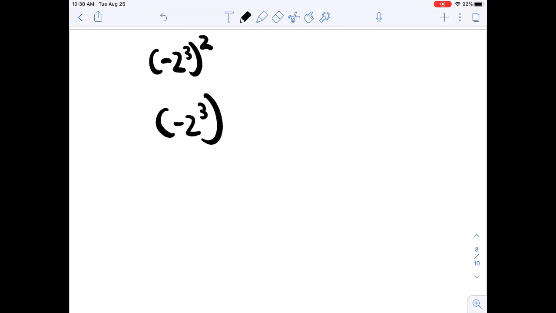I'll show you another example here. So -2 to the power of 3, and then put that to the power of 2. So to solve this, let's actually pretend that the 2 is not there. So let's just pretend we have this. So this is really just without the brackets.